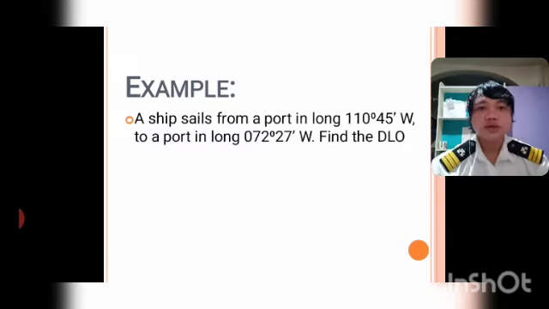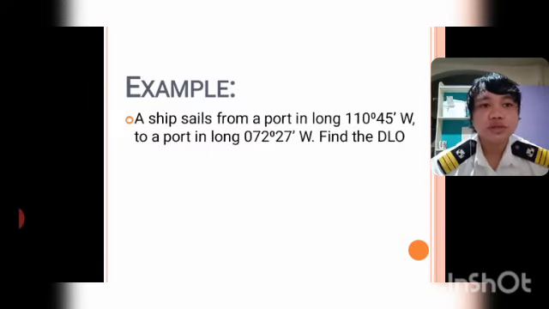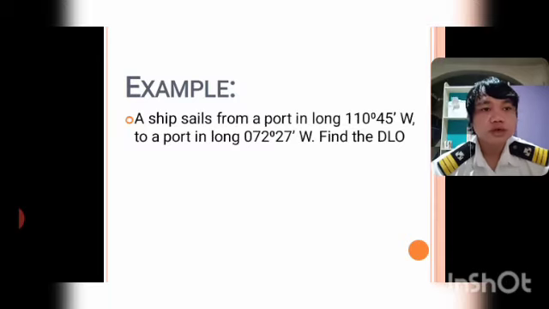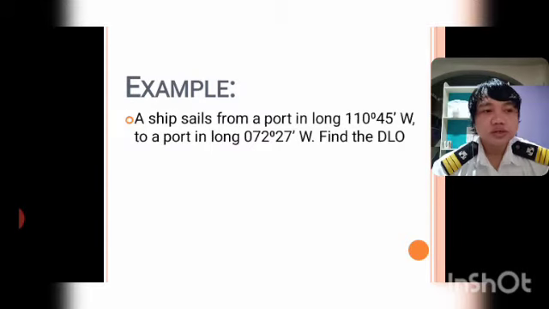We have here a ship that sails from a port in longitude 110 degrees 45 minutes west to a port in longitude 072 degrees 27 minutes west. Of course, we must find the difference of longitude. As you can see, 110 degrees is more than 072 degrees, so it means that you are going in an easterly direction.